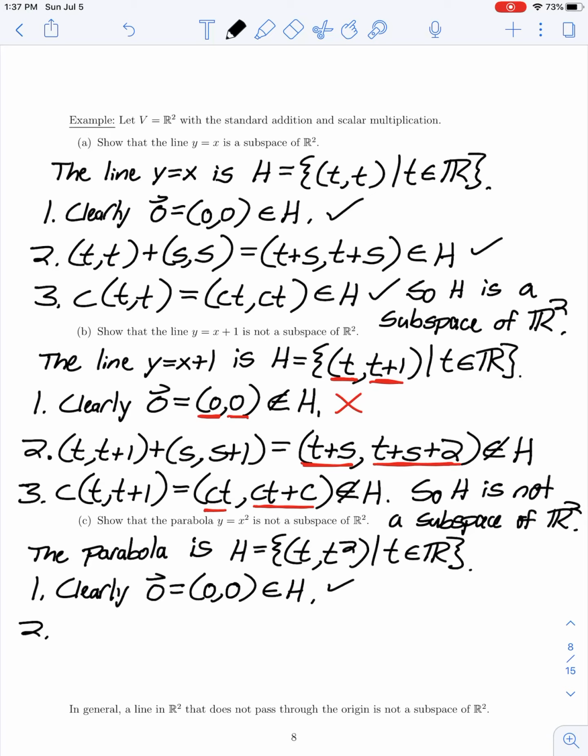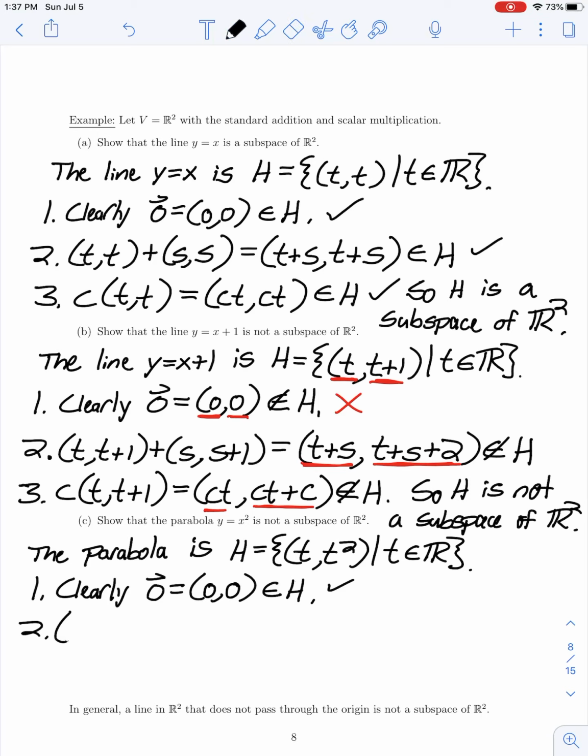So let's look at condition 2. We need to check whether the space is closed under addition. So if we were to take two vectors in our space, we can see that they are not necessarily closed.